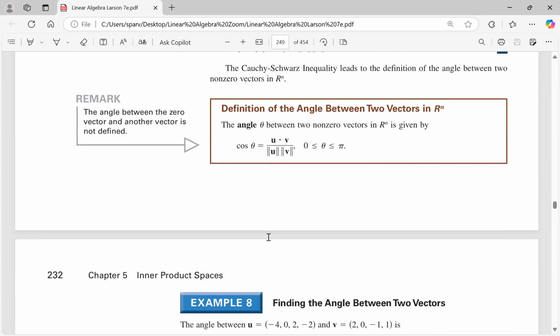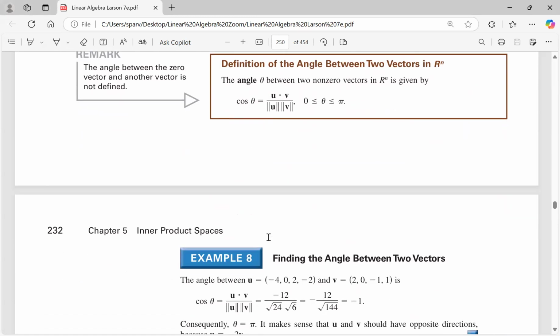And now we're talking about the angle between two vectors. First of all, the angle between two vectors is defined as follows. Notice this doesn't give you theta. This formula gives you the measure of the cosine of the angle, not directly the angle.